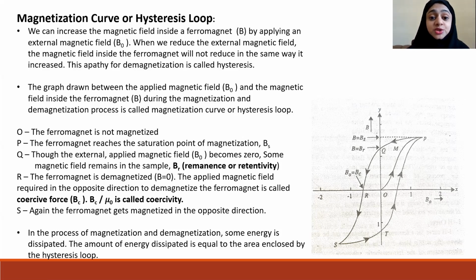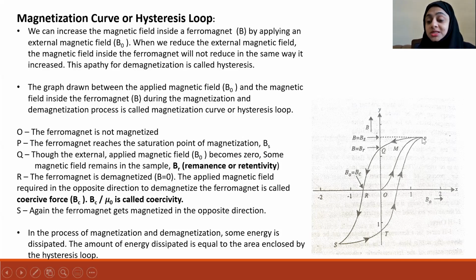Even if we increase the applied field, there is no effect. It's already saturated. So P represents a stage when all the domains inside the ferromagnet are aligned in the direction of the applied magnetic field and no more magnetization is possible. It is represented by Bs. So the magnetic field inside the ferromagnet becomes Bs.